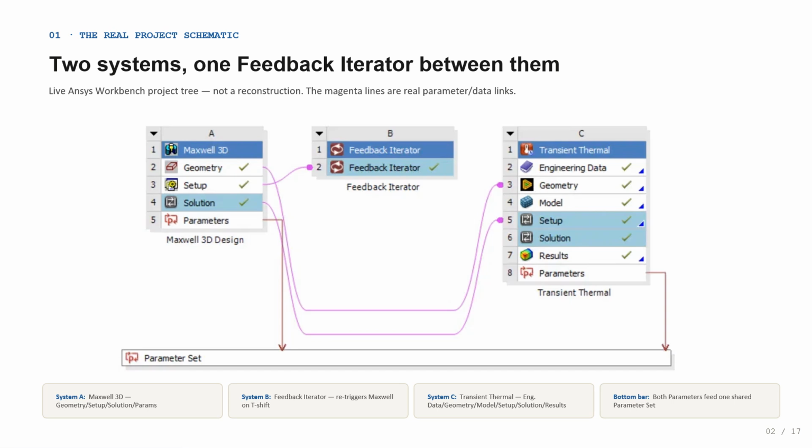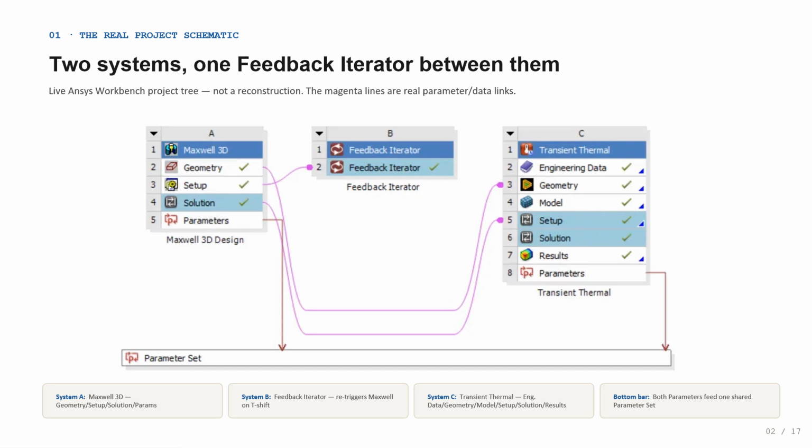Sitting between them, System B, is a component called the Feedback Iterator. Notice the magenta lines. Those are not decorative. They are live data links. They carry the Maxwell solution and its parameters into the Feedback Iterator, and from there into the thermal setup. And at the bottom, both systems drop their parameters into a single shared parameter set.